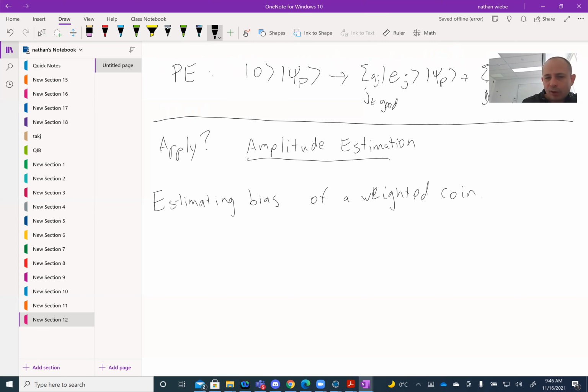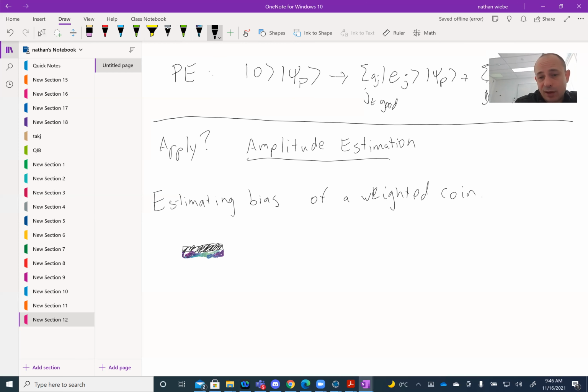Imagine you have some coin over here. Ordinarily it would look like this, but you might have somebody who sprinkles some magic fairy dust on the bottom of it and dramatically increases the mass of one of these two sides, making it more likely that the coin, when flipped, will end up going face down rather than face up. So we'd like to be able to estimate this.